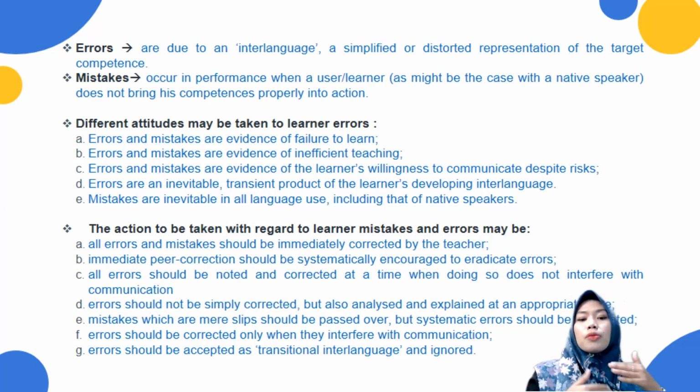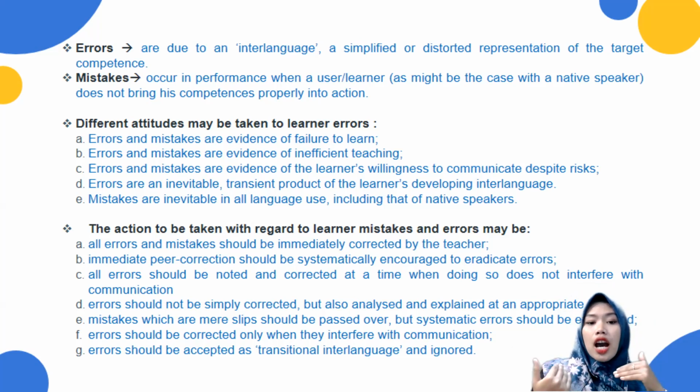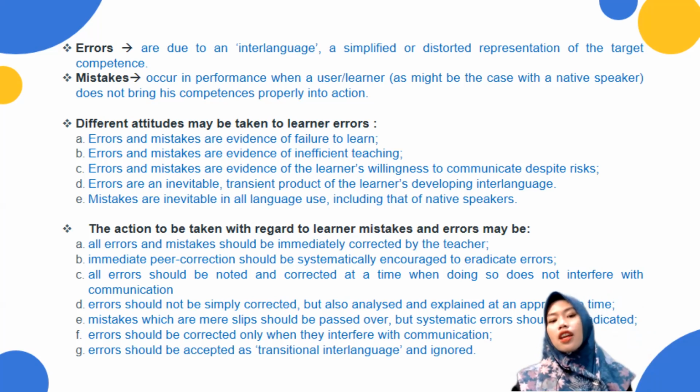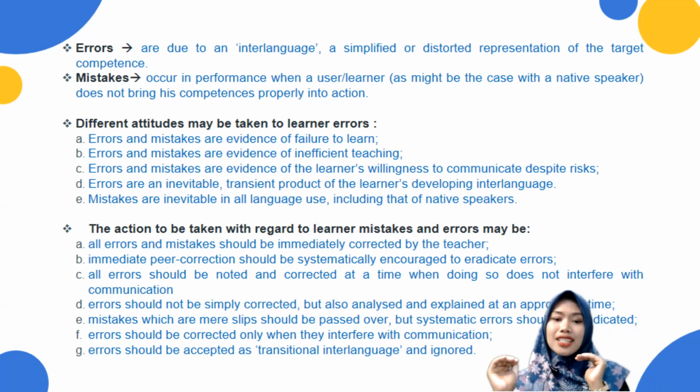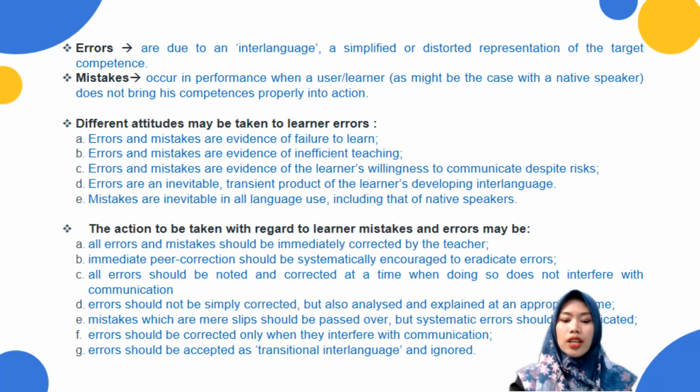So errors should not be simply corrected, but also analyzed and explained at an appropriate time. Mistakes, which are mere slips, should be passed over, but the systematic error should be eradicated. And then errors should be corrected only when they interfere with communication. And then errors should be accepted as a transitional interlanguage and ignored.